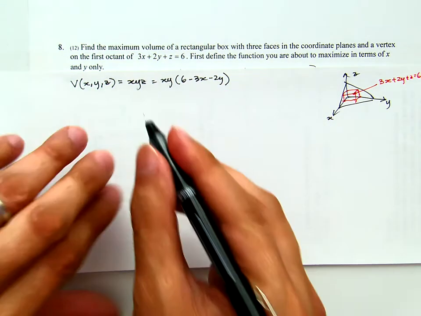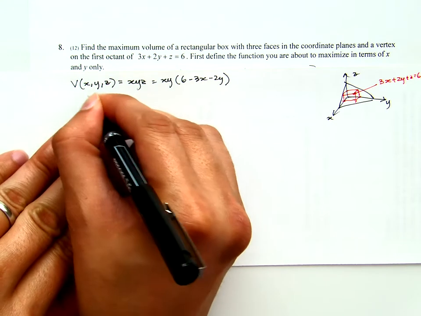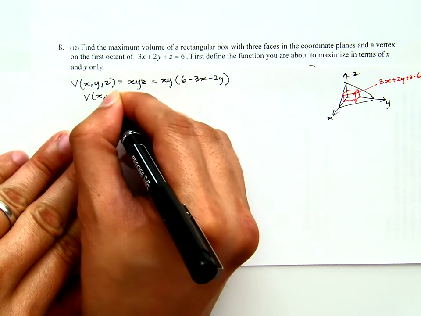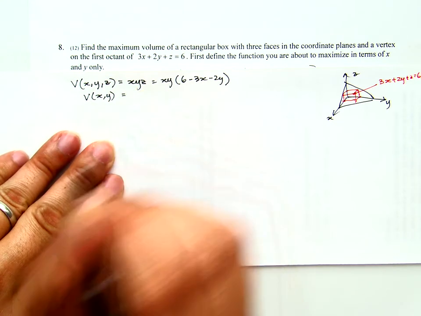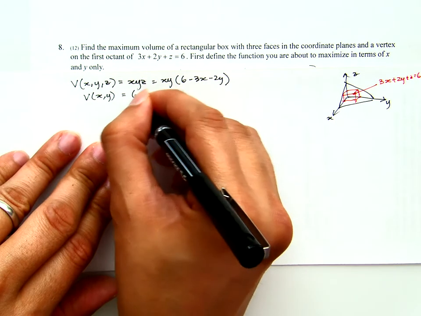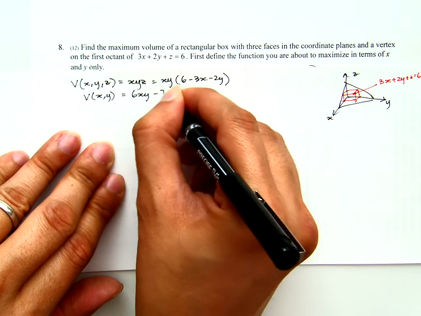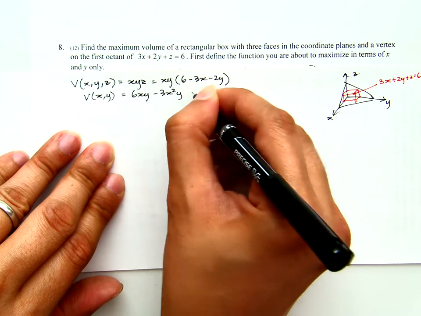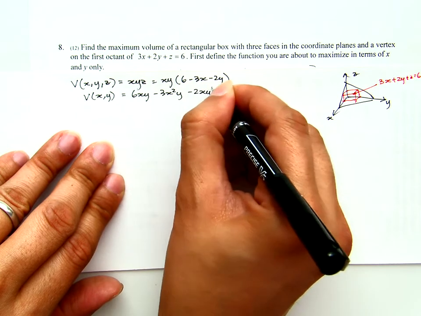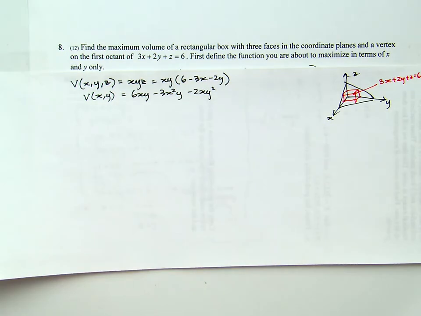In other words, this is the function we are trying to maximize in terms of x and y only: 6xy minus 3x squared y minus 2xy squared. That's the function we are about to maximize.